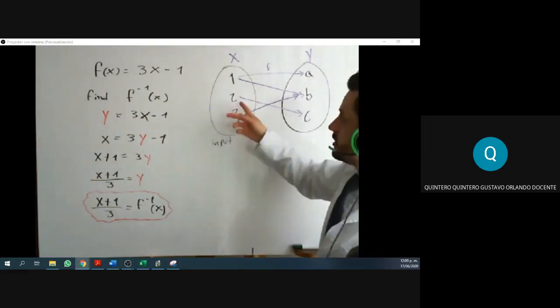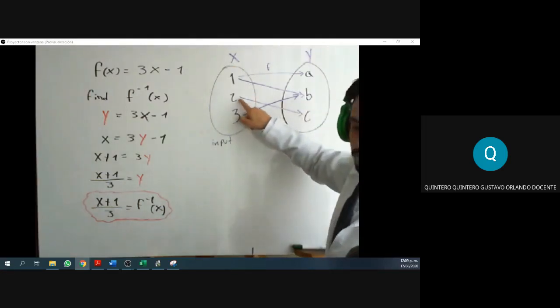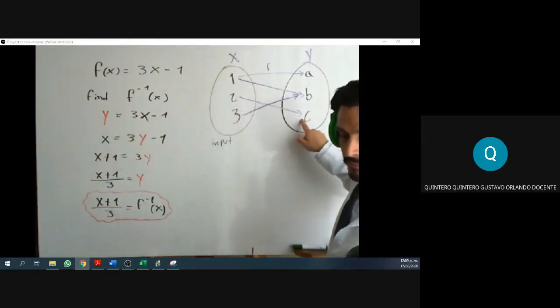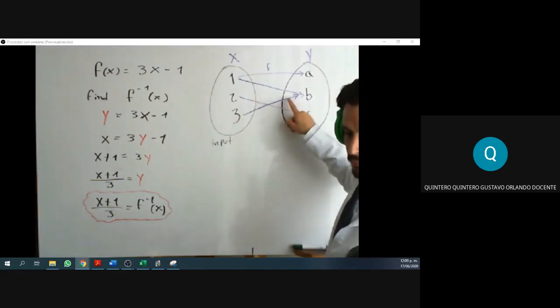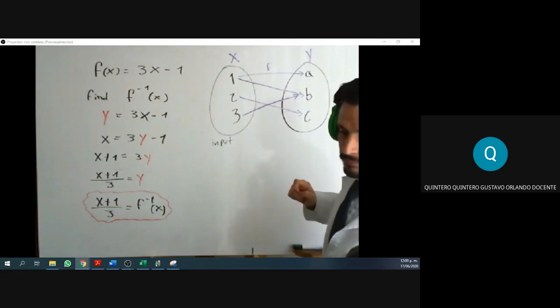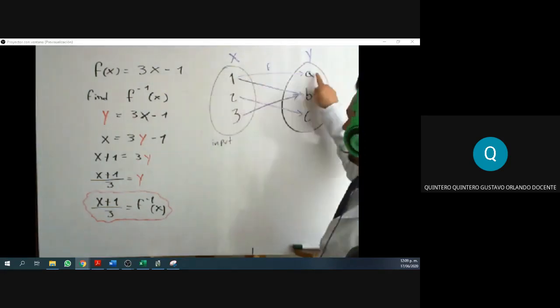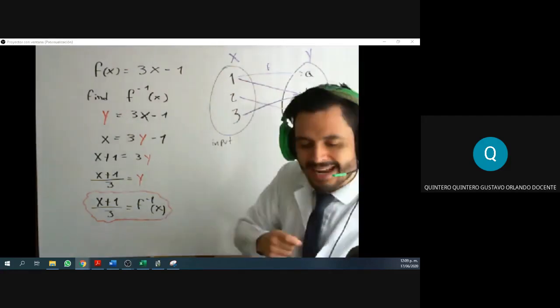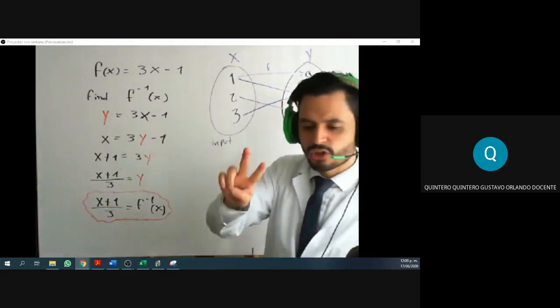The images of the first one. So what is the image of 2? C. What is the image of 3? B. In point 1 has 2 images, A and B. And that is a problem. No element from the input can have 2 images.